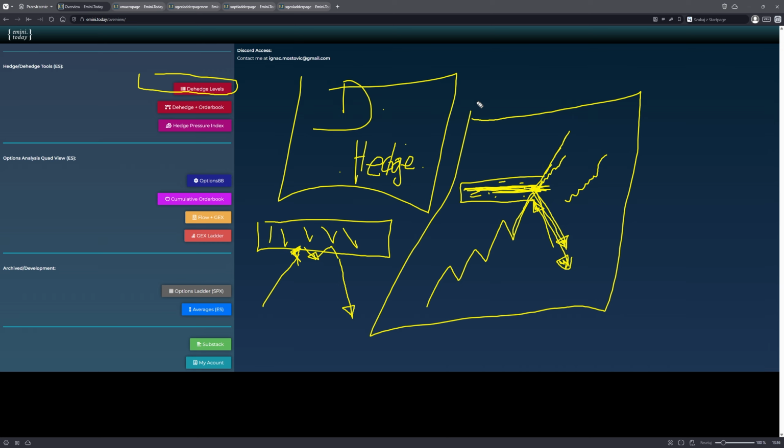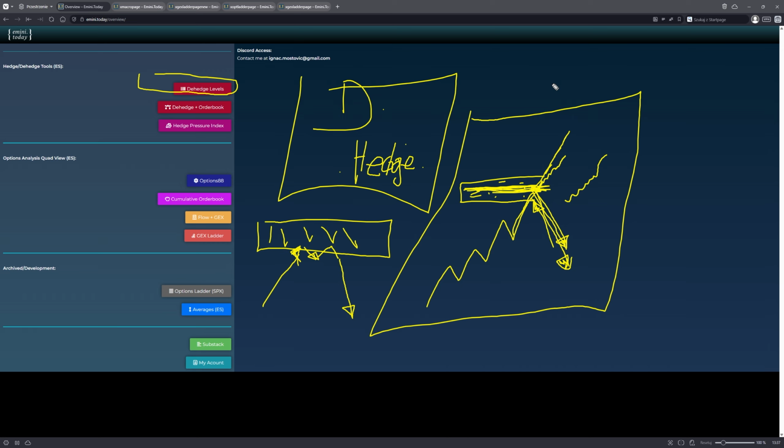Because the volumes are much smaller than during RTH, if something like this happens in ETH, so in the overnight session, specifically in Europe during the European session, the one before the US session, and these algorithms from dealers fire up, it will have a much bigger impact on the price, because they will basically move the market.